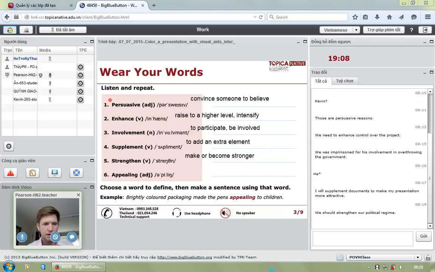And Xiao, how about appealing? Appealing. Yeah, appealing is stimulative. Is to able to draw attention. Okay, good. Yeah, it's attractive, or yeah, we can use that.